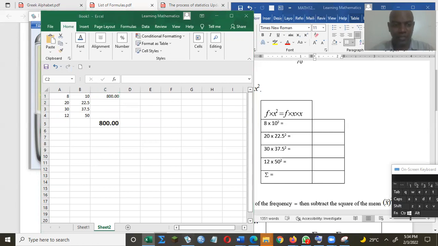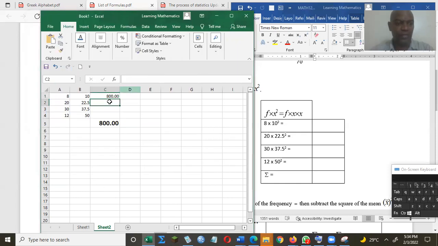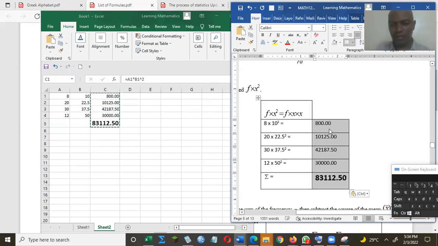So the first one we got 800 manually, 800. Just go to your green rectangle, and here you have your auto sum, copy, and paste. And here we have our sum of our fx squared.